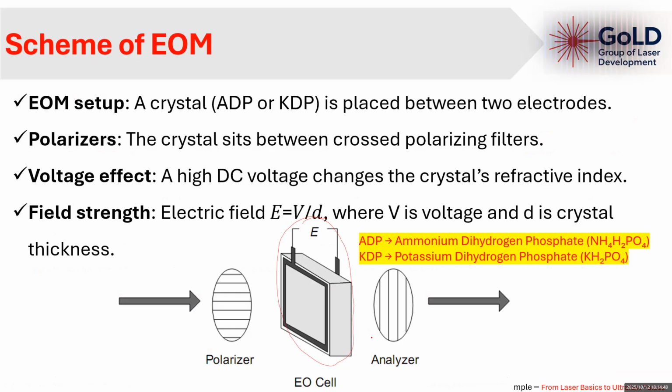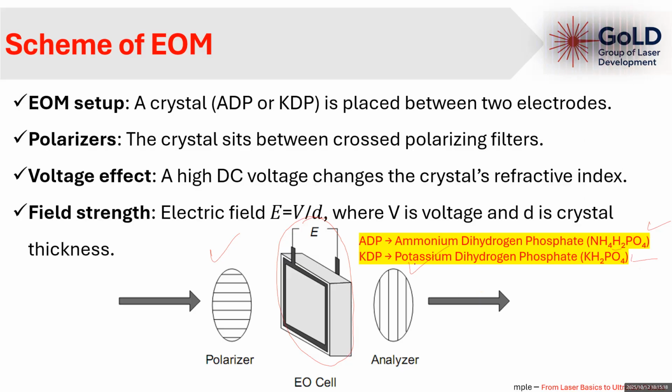There can be a crystal or a liquid such as nitrobenzene, but here we are saying there is a crystal, and that can be ADP or KDP. You can see the formulas of these crystals here. And there are two polarizers. One we call the polarizer, the other the analyzer, because they are 90 degrees from each other.